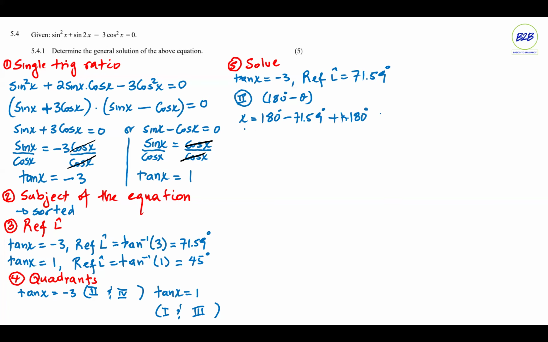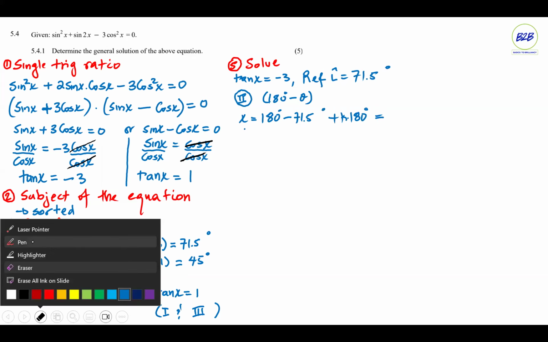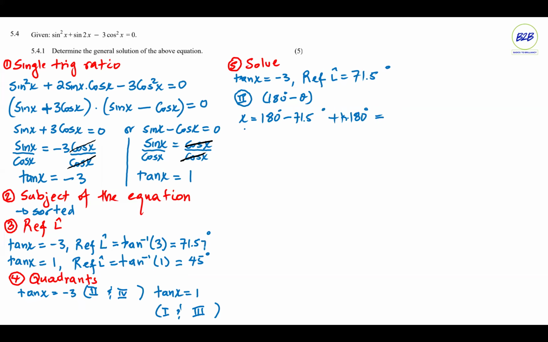We will then say, okay, all of this is equal to what? 180 degrees minus 71,57. Is it 57 or 59? I think it's 57. The reference angle here is 71,57. Yes, I think so. If I got it wrong, please forgive me. I'm not ChatGPT.